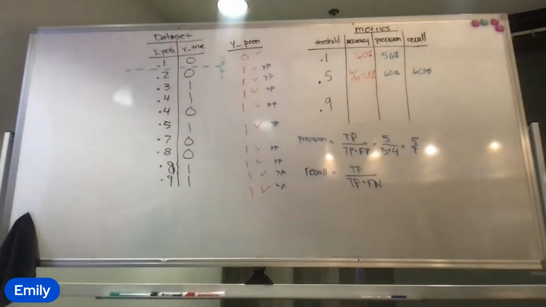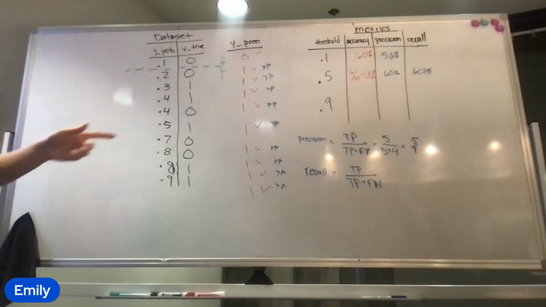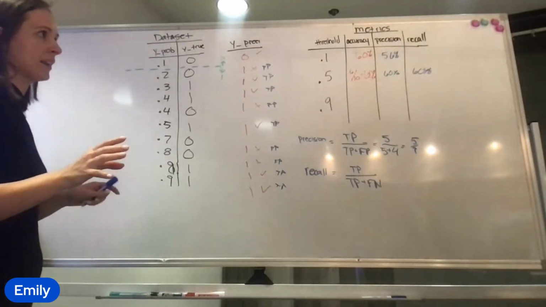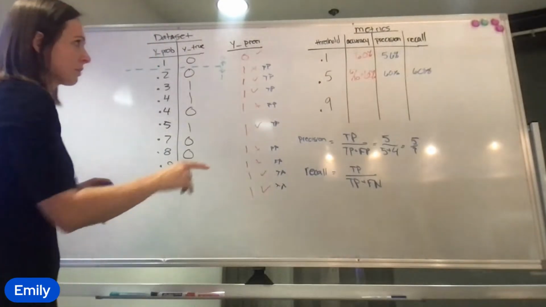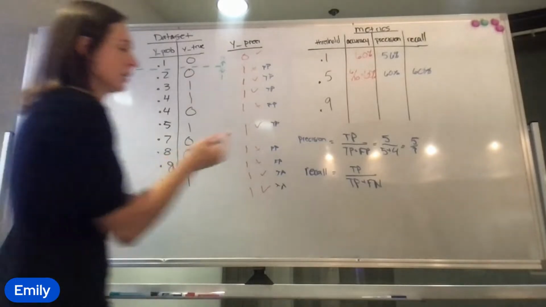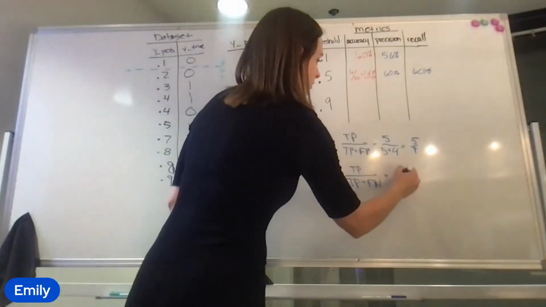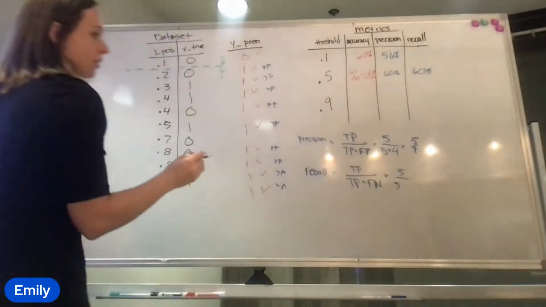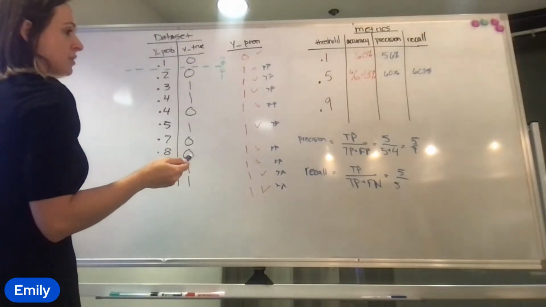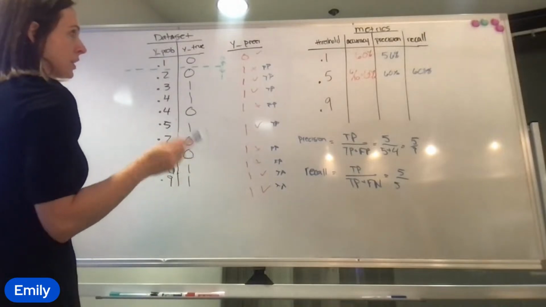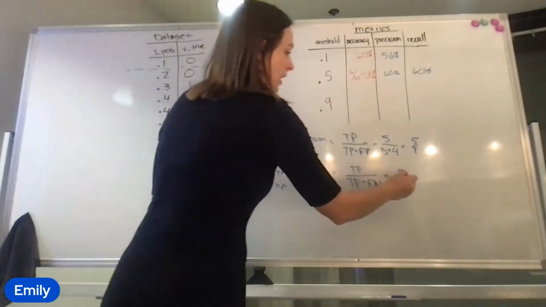So your accuracy can stay the same. Our precision went down a little bit. Not a lot here. Our recall, we already did our false positives. Now we just need our false negatives, which is when we predicted 0 and it is actually 1. We don't have any.